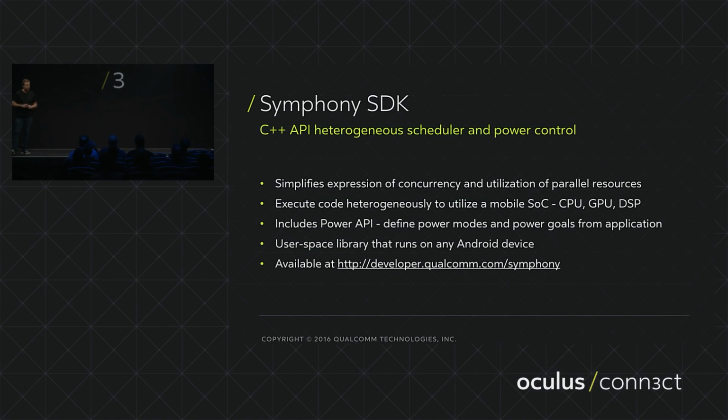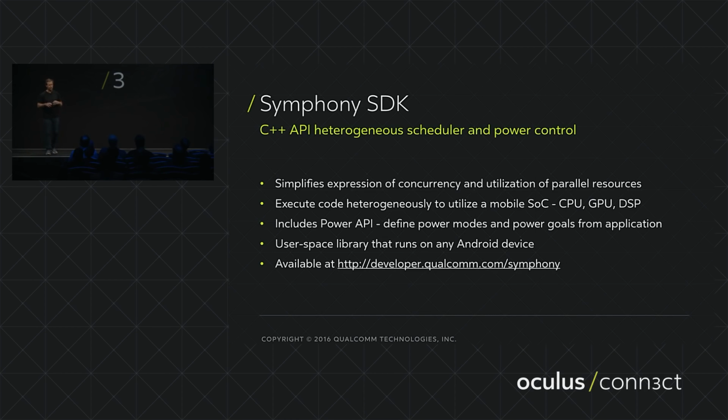The Symphony SDK, this is tough because the slide's different now, but basically it simplifies concurrency for you. So if you want to do parallel or do a lot of concurrent tasks across the CPU and the GPU, Symphony's built to help you do that easier.